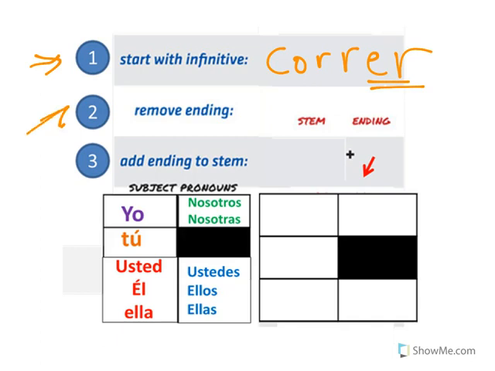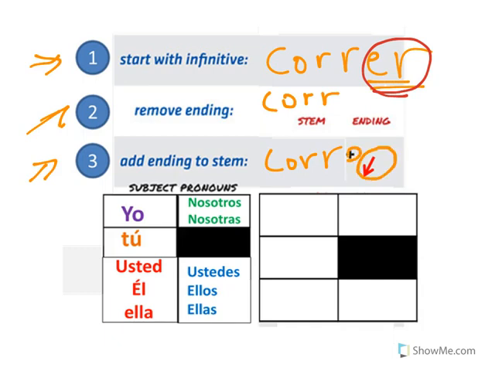So if we remove this part, then we are left with only CORR, and that is called the stem. So step 3, we have CORR. We are missing an ending. See, it says plus, so we are missing one of those endings. So let's do those endings real quick.